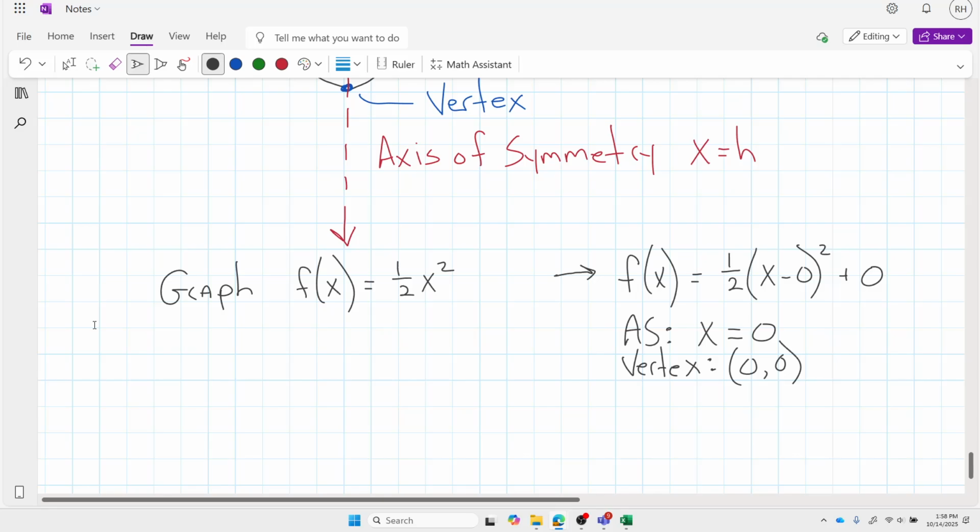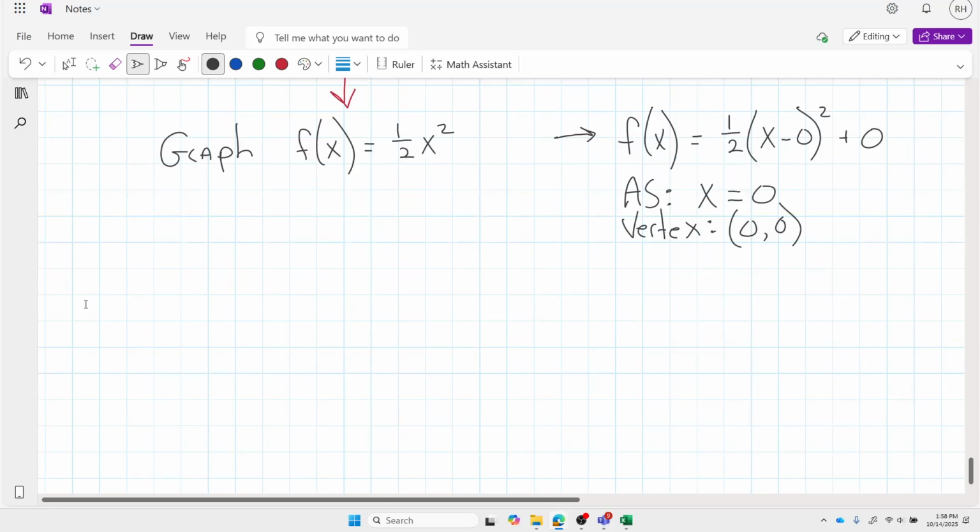So then, what we do is we build a table of values, okay? So we've got our inputs, which is our x's, and we've got our outputs, which is our f of x. We're going to have 5 different coordinates.